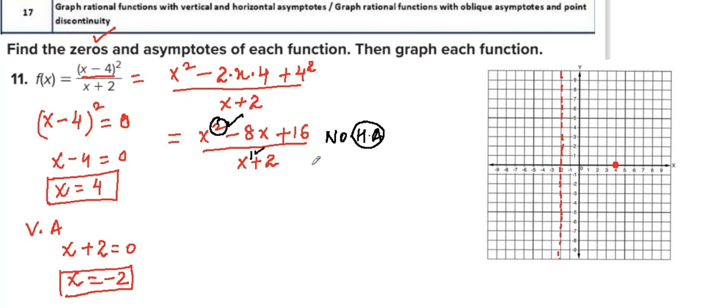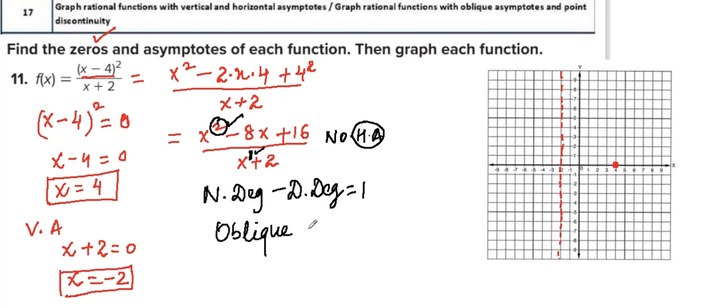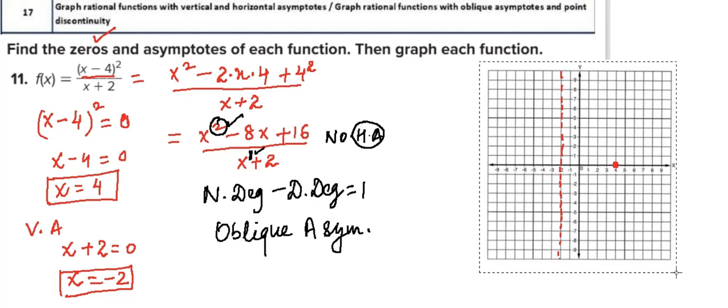Whenever the difference of numerator degree minus denominator degree is equal to 1, and yes, it is 1 because 2 minus 1, then there is always an oblique asymptote. And how to find the oblique asymptote? By dividing. So let me take the graph later. Firstly, I'll tell you how to find the oblique asymptote.